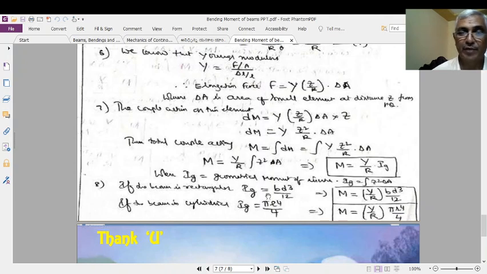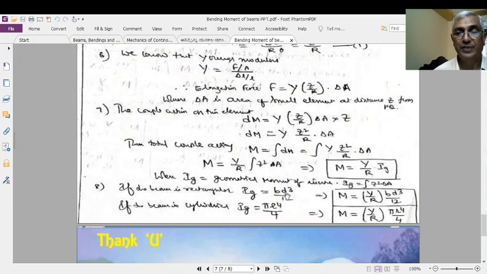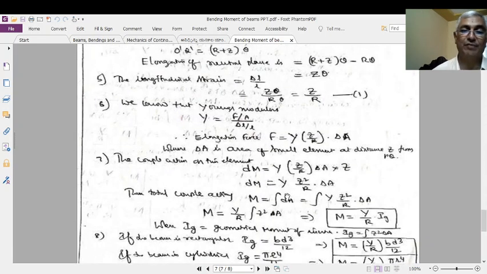For different beams, you will get the geometrical moment of inertia as different values. This is about the calculation of the bending moment. Bending moment is the moment or torque that is developed because of the bending force.